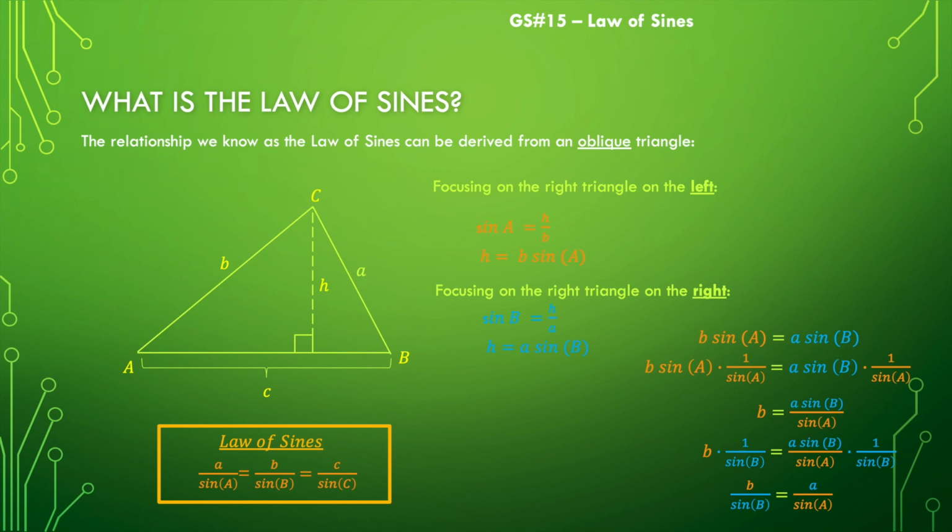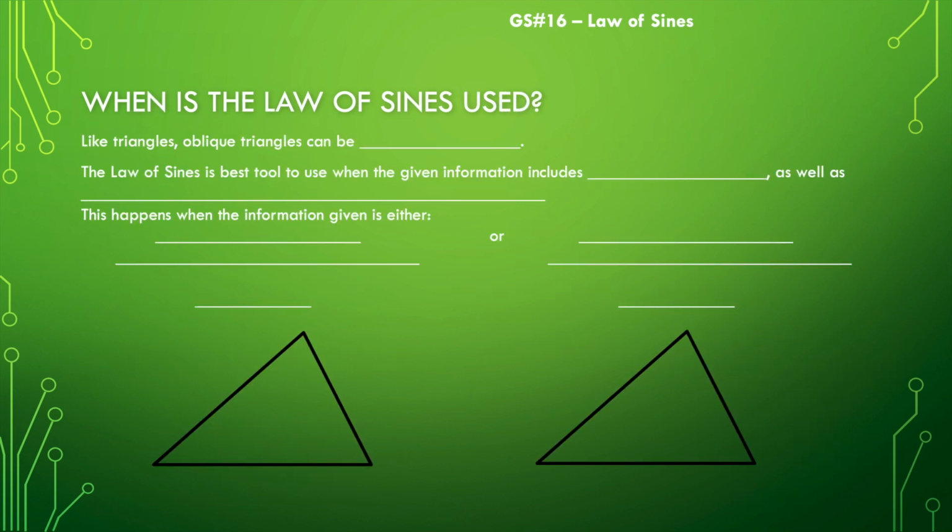In fact, we will be able to solve triangles that are oblique triangles now. Aren't you excited? Because you couldn't do that before. We can't use the Pythagorean theorem because it only works with right triangles. Well, we're dealing with obliques now.